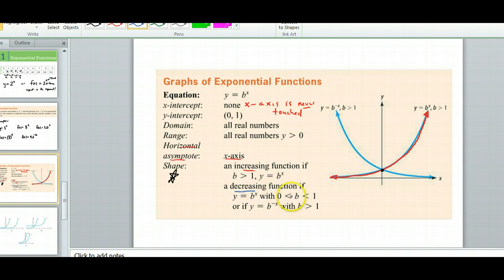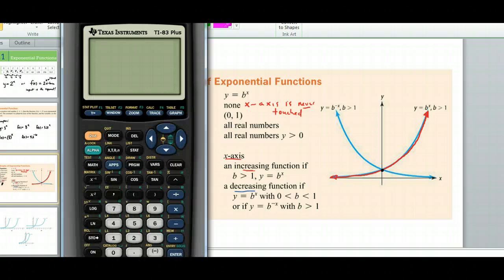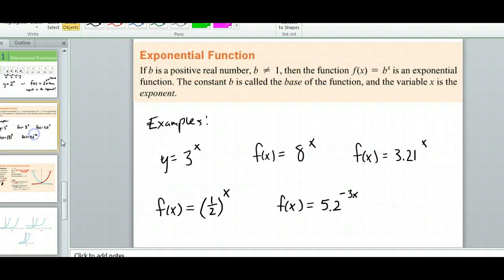It's decreasing if that number b is between 0 and 1, a proper fraction, or if we raise it to the negative x power and b is a positive number. So that's like a negative exponent. Just for example, I've got two different types of functions in here. One is y equals 3 to the x, one is y equals 0.5 to the x. So these are two that I have from back here.